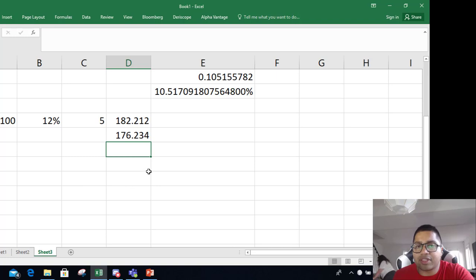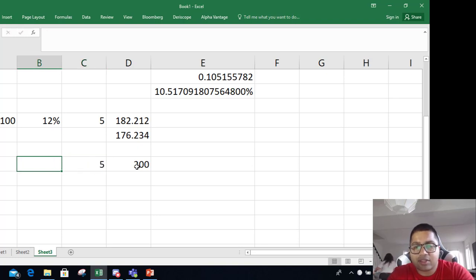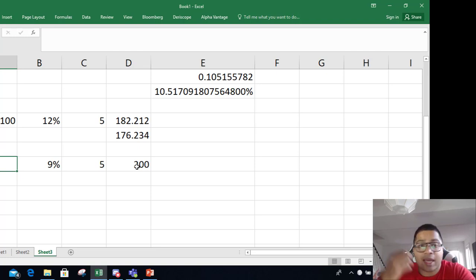Now if you want to discount it, so let's say you are going to get $200 after 5 years. So you want to find out how much money should I invest at an interest rate, let's say it is 9%, for 5 years, so that because of continuous compounding I get $200. Now how do you do that?